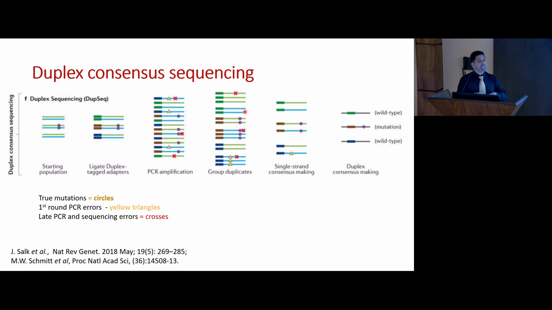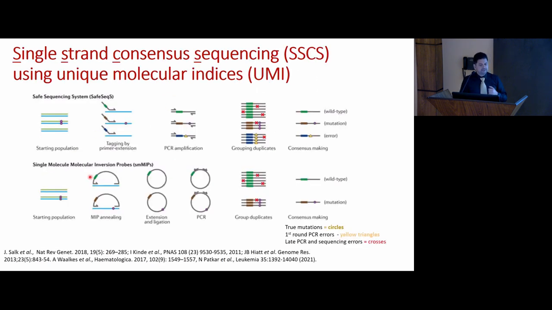Generally, it depends on how your library prep is set. In these methods like MIPS, the UMI is added first, and then the index comes. Here also UMI is added first, then the index comes. In the Aloha seq that we have, the UMI is added first, and the index is added in the third round.